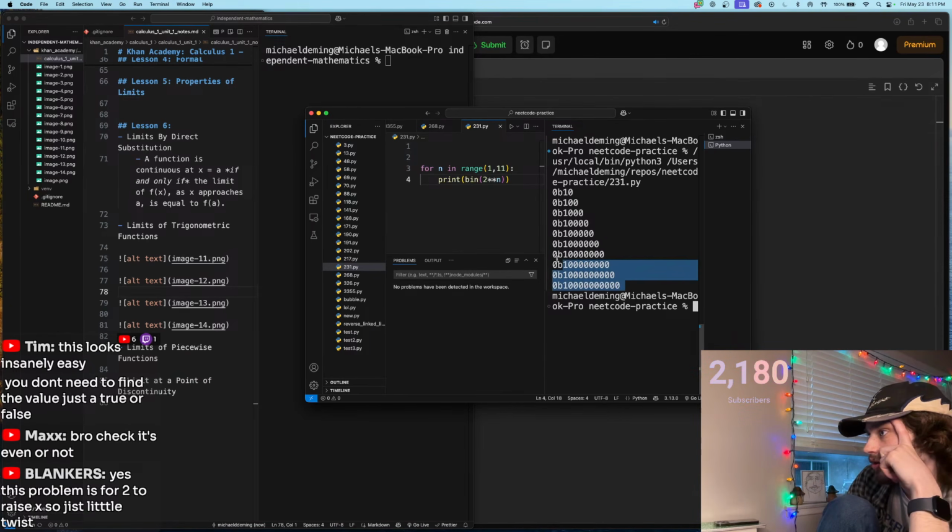Okay, so right off the jump, all of these have a value of 1 here, and every other value is 0. Right?